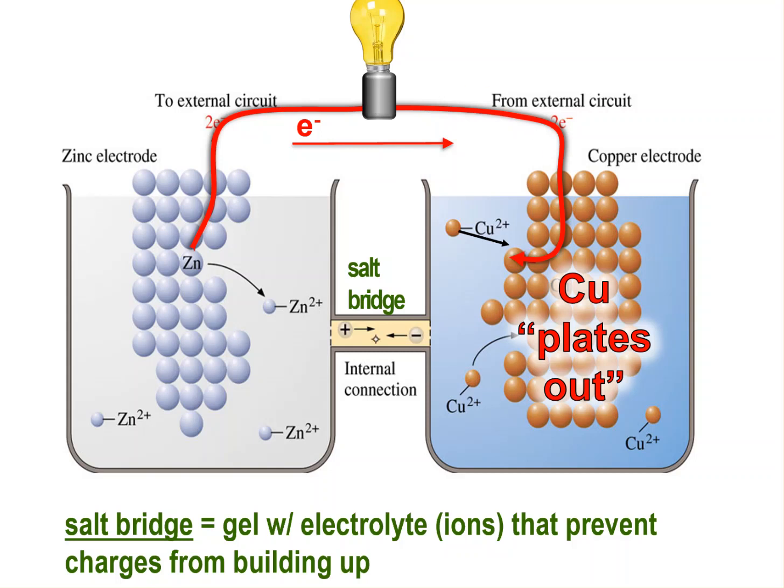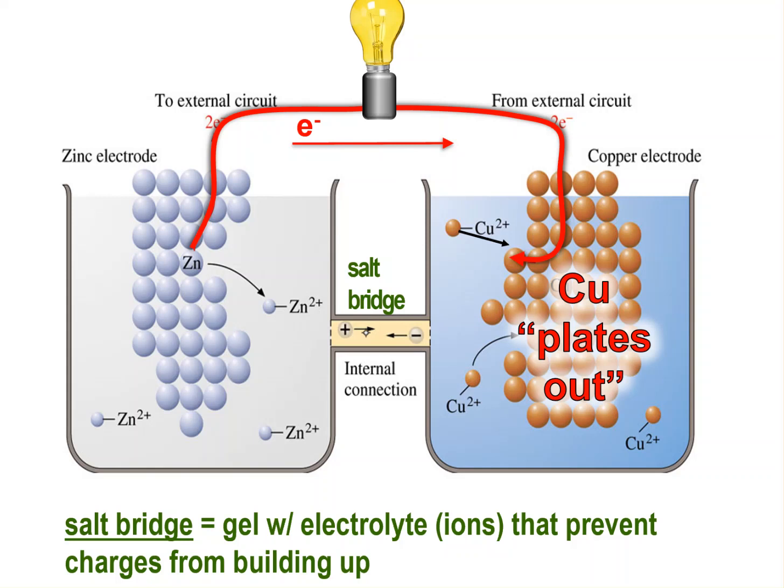Also about the salt bridge. They work different ways, but the idea is that they allow the charges to not build up. Because if we did not have some way of keeping this neutral, this solution would become positively charged because it's constantly making these zinc ions. So the salt bridge has ions in it. It's a salt bridge. It has an ionic compound in it.